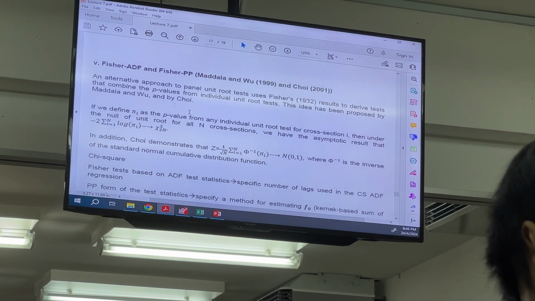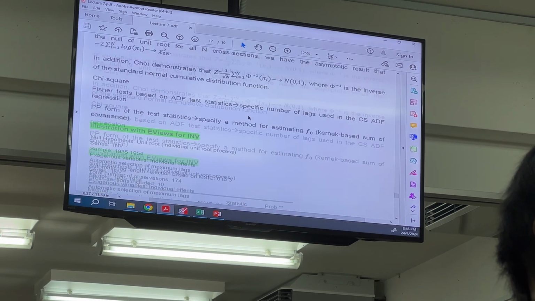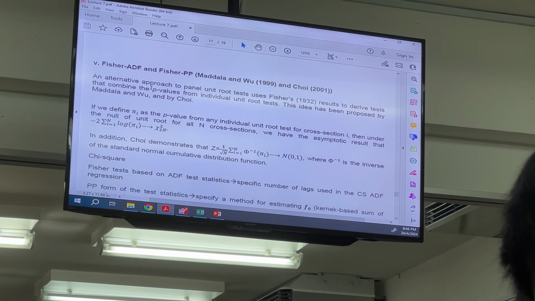Then how about Fisher ADF and Fisher PP? This is a test proposed by Maddala and Wu in 1999 and Choi in 2001. So what is the difference here? This is an alternative approach that uses the Fisher result to get the test statistic.